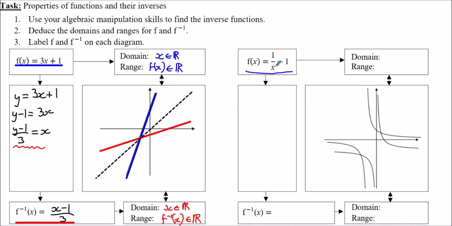Well, we can have x as almost anything. But, of course, if x was 0, we can't divide by 0. So we need to restrict the domain to say that x is any real number, but x cannot be equal to 0.